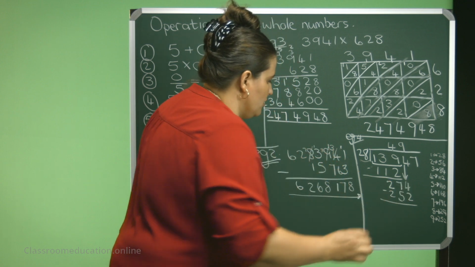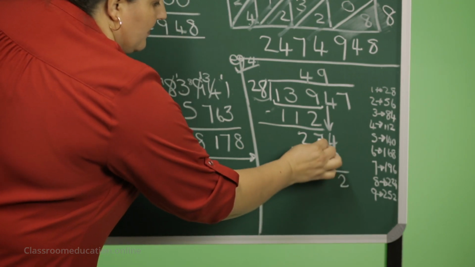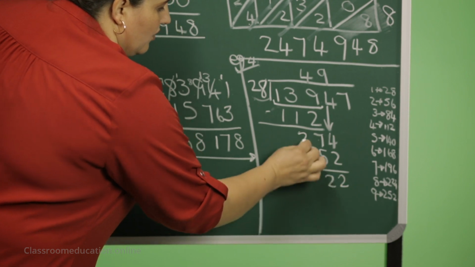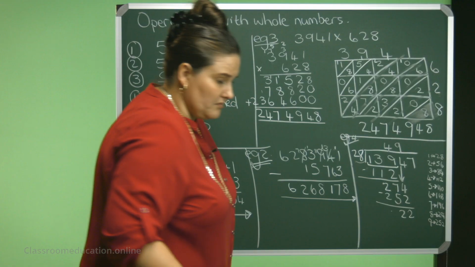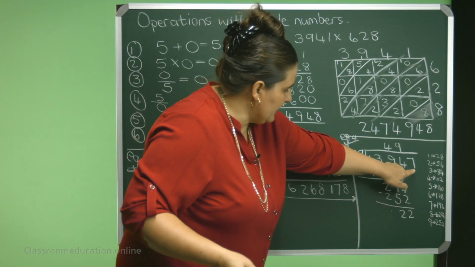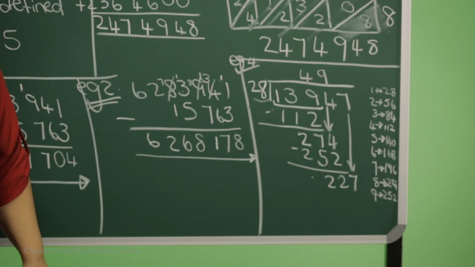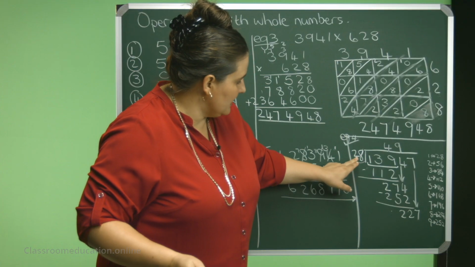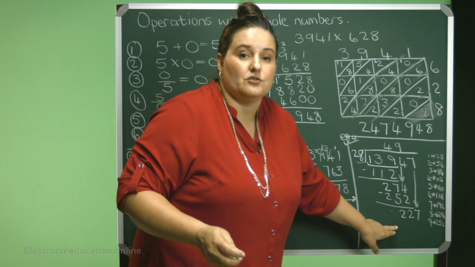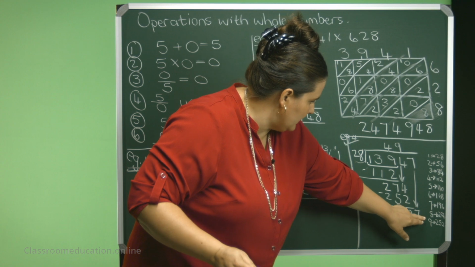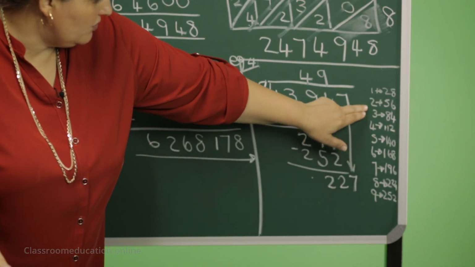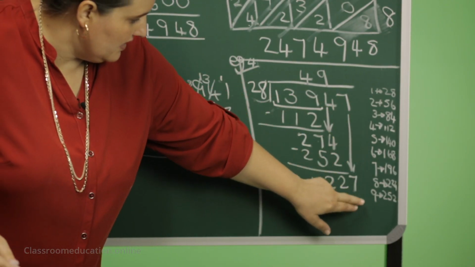And once you've subtracted that, what's your answer? 4 minus 2 is 2. 7 minus 5 is 2. 2 minus 2 falls away. Bring down the 7. You have 227. How many times can 28 go into 227? Let's find it. 227.